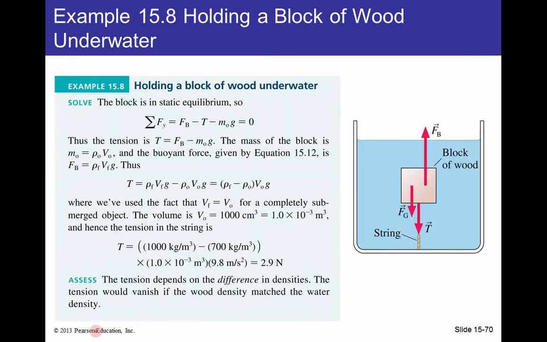Okay. So then we can do a free body diagram. We can write that the buoyant force, this force, minus the weight, this is the mass of the wood times g, minus the tension, is equal to 0. Okay, so what is the buoyant force?